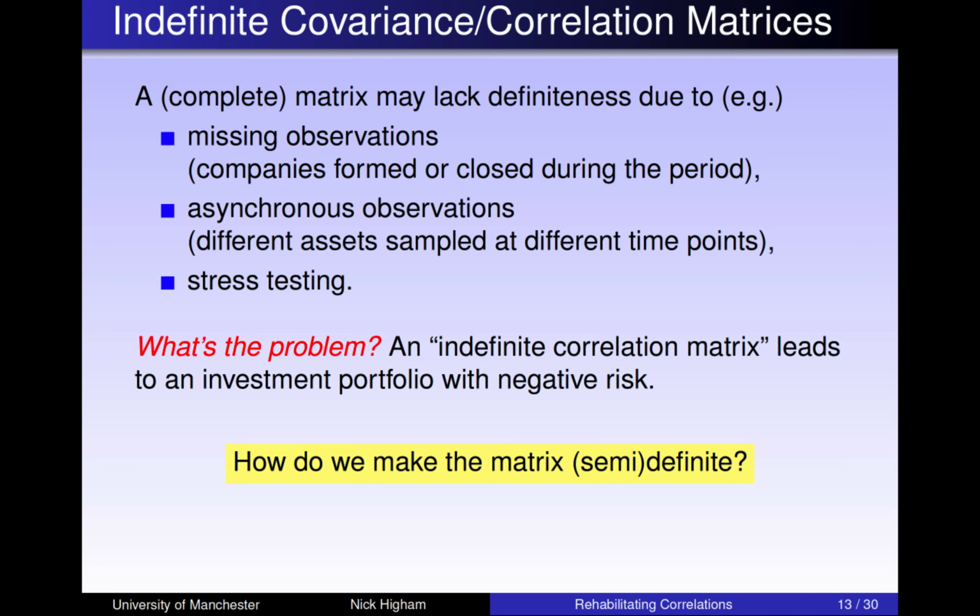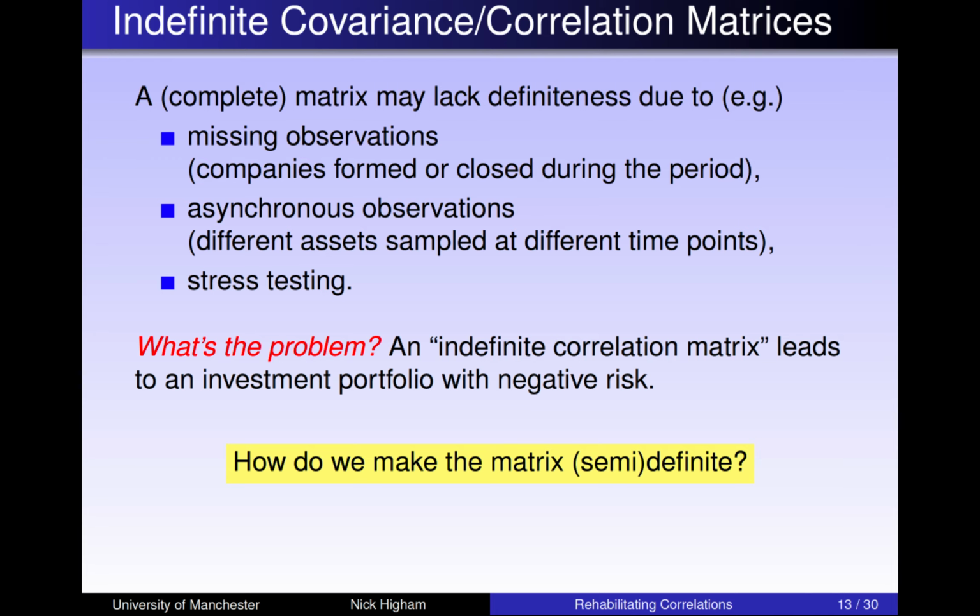You might have asynchronous data. If you're looking at markets that operate in different times around the world, that can cause problems with forming the correlation matrix. And another one is stress testing, whereby you sort of artificially impose certain values on elements in the matrix, and in doing so you may destroy the property of it being now a true correlation matrix.